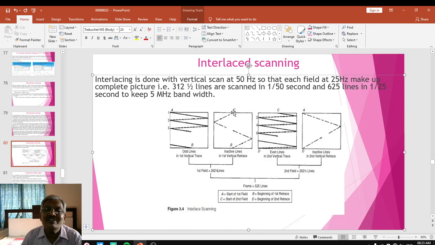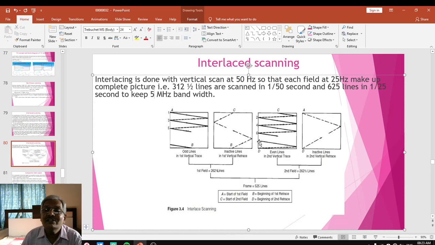The even field starts scanning from the center of the top of the screen to the right of the screen, like this, from this to here, center to the right. Retrace begins, again trace, retrace. So in this case, only 2, 4, 6, 8, those even number of lines are scanned.